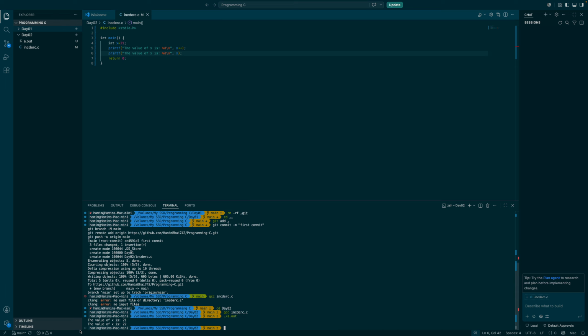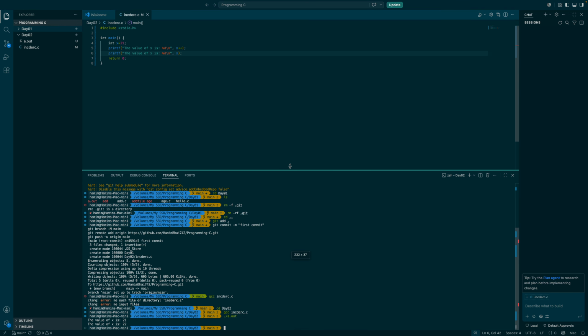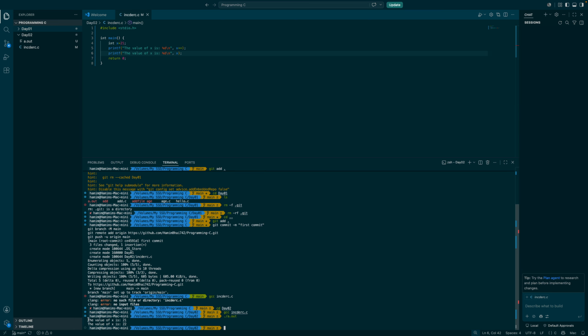So let's see. Here is the first line value is 21, but second line value is 22. Why? Let's say this is a post increment. If you know the C programming language is working line by line.